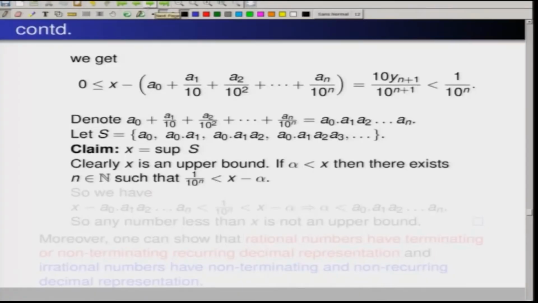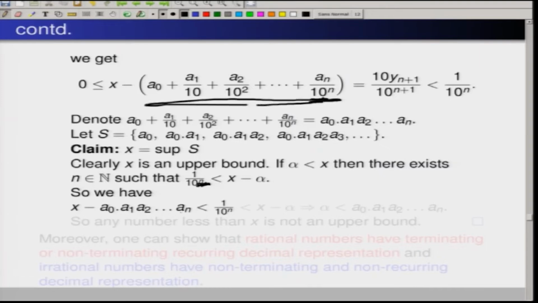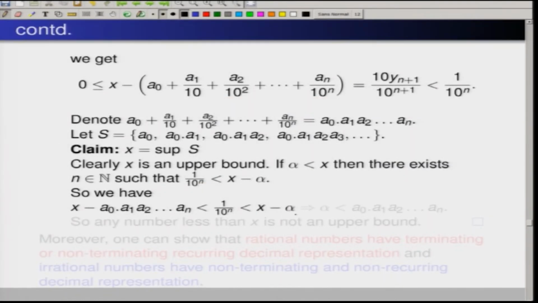If you take alpha less than x, then there exists an n such that 1 by 10 to the power n is less than x minus alpha, because x minus alpha is a positive number, by the Archimedean property. We know that if I go up to this addition for this given n, then x minus this is less than 1 by 10 to the power n, which is again less than x minus alpha by the choice of n.